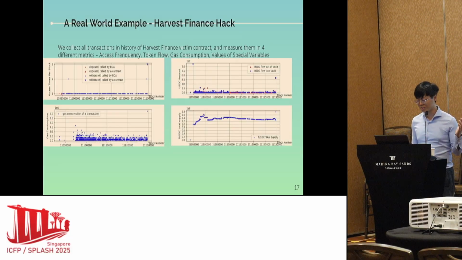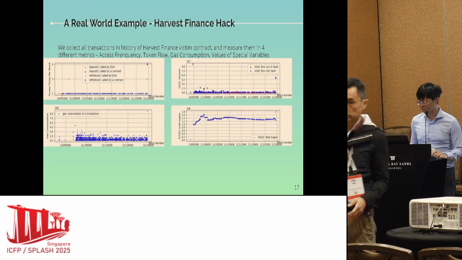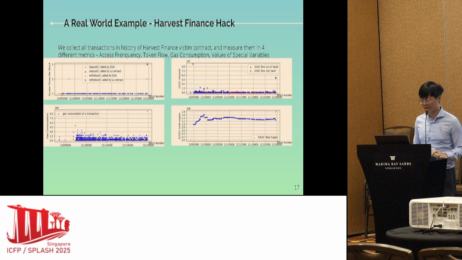To further illustrate the significant difference between a benign transaction and a malicious transaction with respect to one single smart contract, let's look at a real-world example here, the Harvest Finance hack.